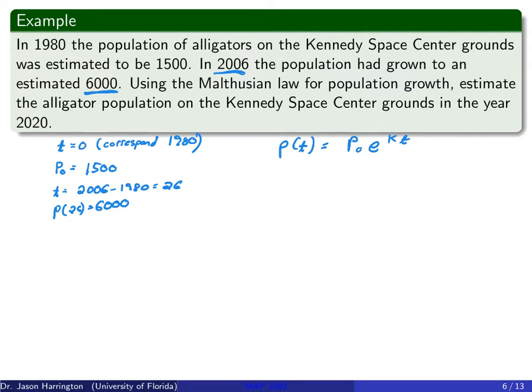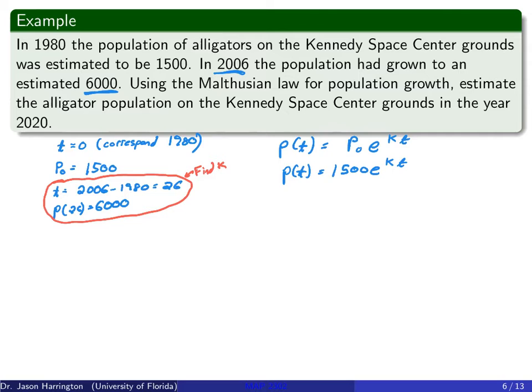So if we fill this out, we know that our p sub naught is 1,500. So p of t is just equal to 1,500 e to the kt. Now we don't know what k is, but that's what this is for. So we use this second bit of information to find k.